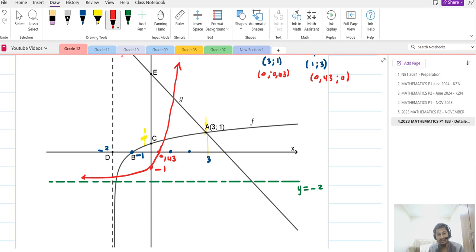And remember, this point over here now became the place where they intersect. There's supposed to be a point which is 1 and 3 somewhere. Where's the point? It should be 3, 1, so 1 and 3 should be here. That should be the point 1 and 3.